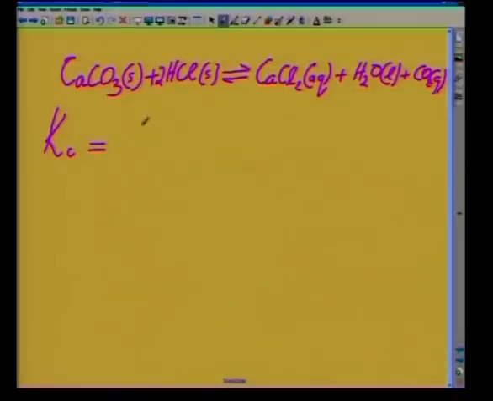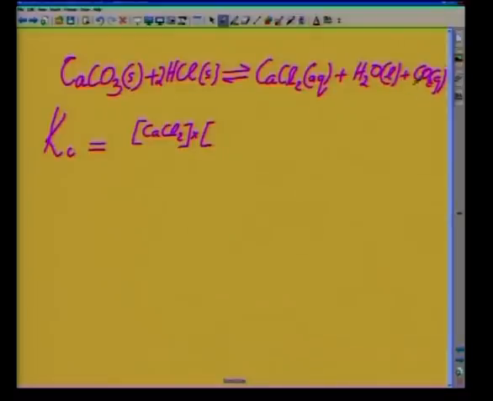This will be given by, remember, it is concentration of products divided by concentration of reactants. So what do we have in products that has concentration? It's calcium chloride, because it is in aqueous solution, times the concentration of, can I put water? No, because I've got L there, it's a liquid.